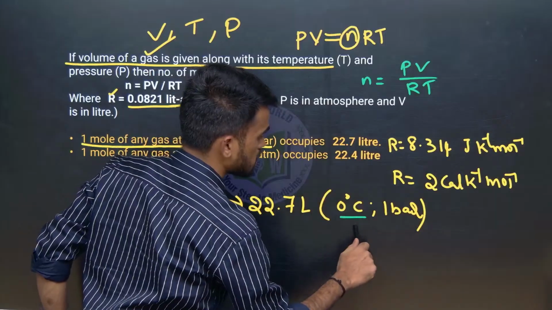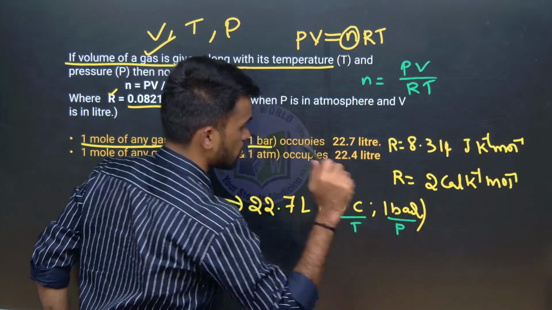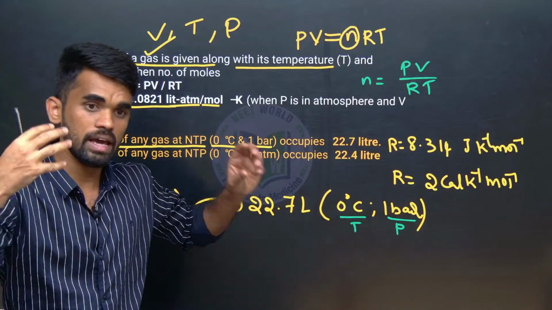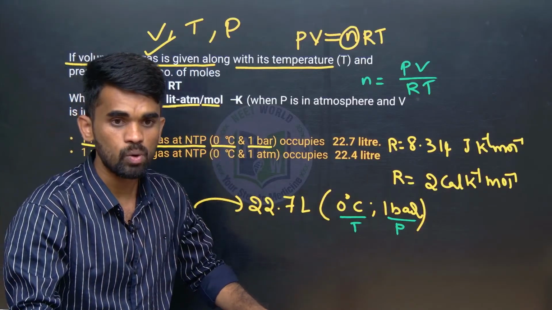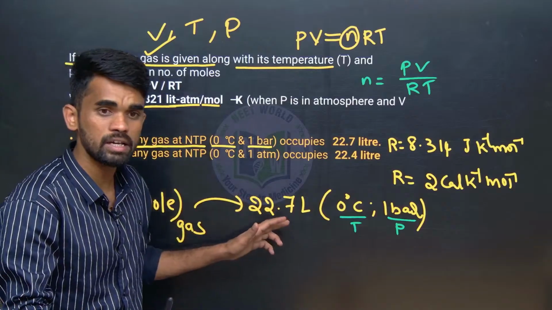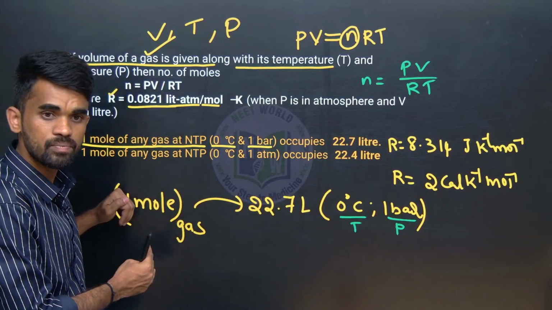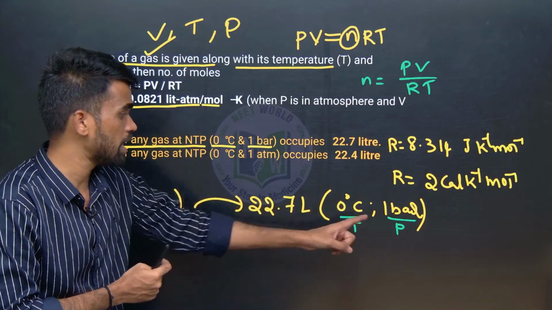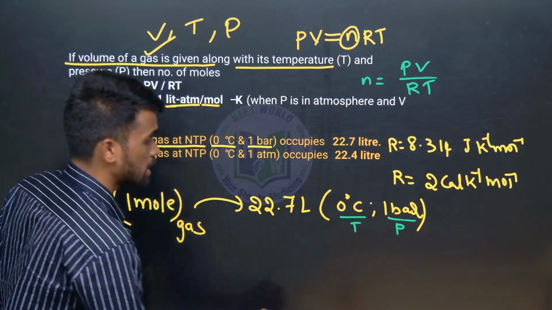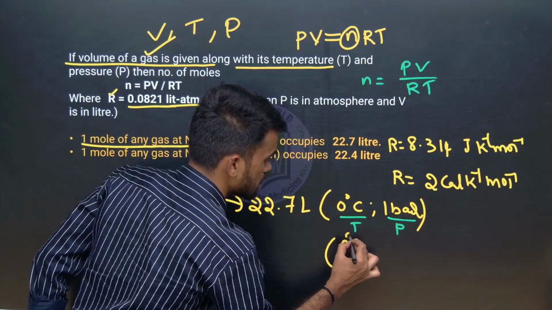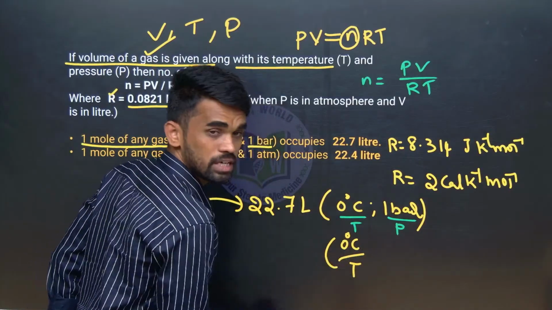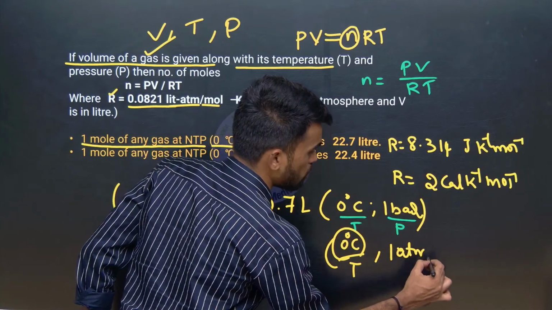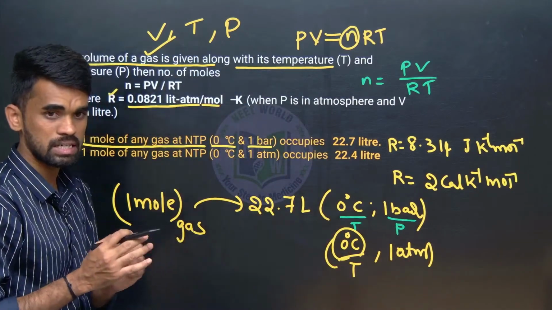So temperature is constant, pressure is also constant. When temperature and pressure are constant, for any gas you take, what is the volume occupied? If I take 1 mole of any gas, it will occupy 22.7 liters at 1 bar. If I take 0 degrees, temperature constant again, and here 1 atm pressure, 1 bar and 1 atm are different, there is a little variation, right?